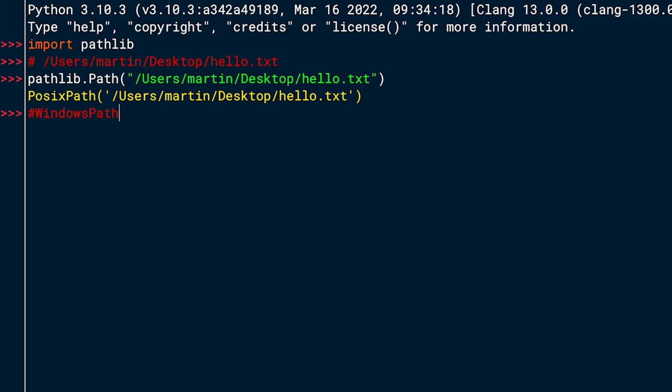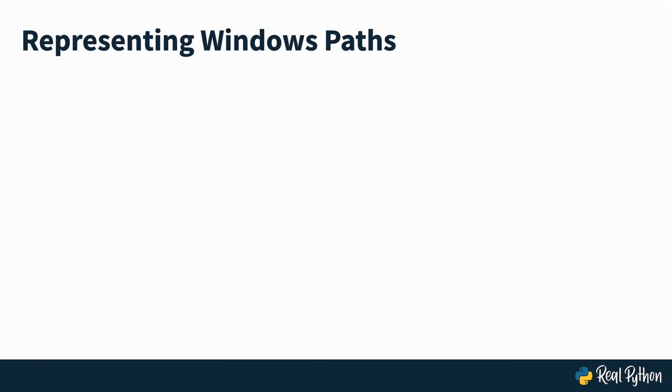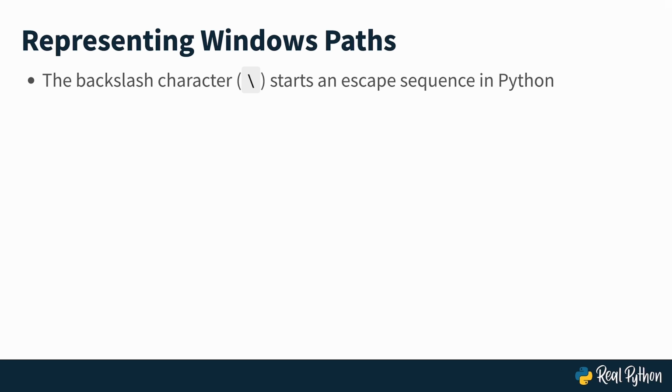However, if you are on a Windows system, then you might run into a problem. Windows paths use backslash characters instead of forward slash characters to represent paths. And the backslash character in Python has a special meaning because it starts an escape sequence, which means that if you pass just a plain string with a backslash, then Python is not going to interpret it as a backslash character, but thinks that you want to start an escape sequence.